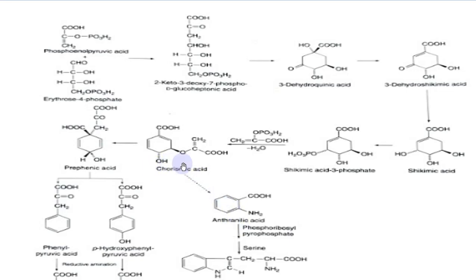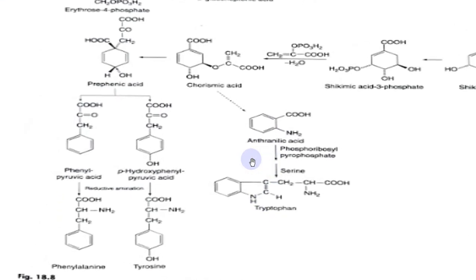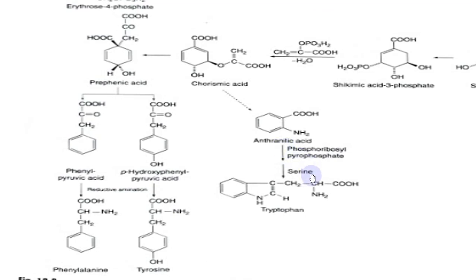Here you can see how changes are there, and anthranilate synthase sets the path for this formation. So either prephenic acid or anthranilic acid forms from the chorismic acid, and further this anthranilic acid may go with serine to form tryptophan. This type of amino acid sometimes involves an indole type of ring.